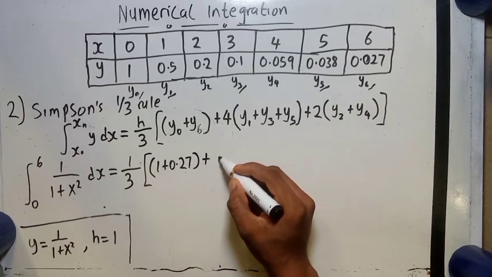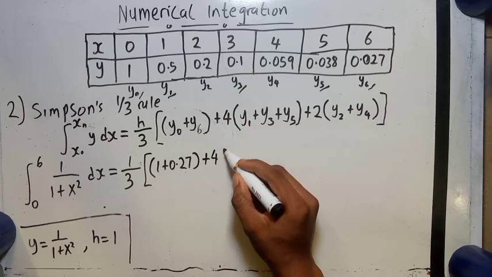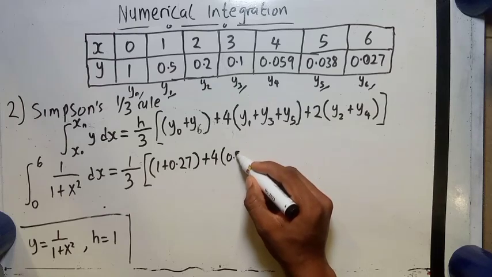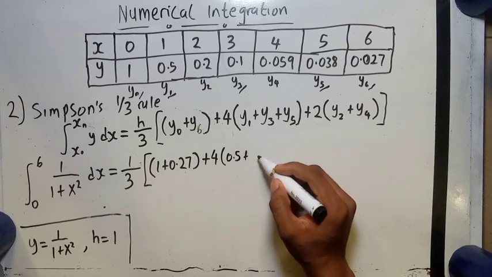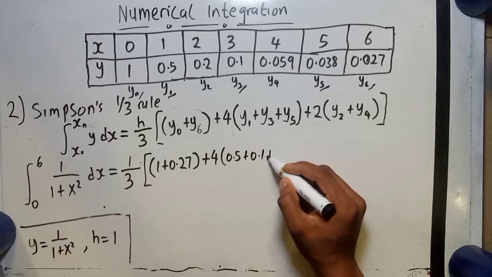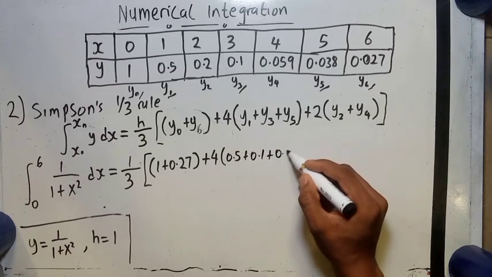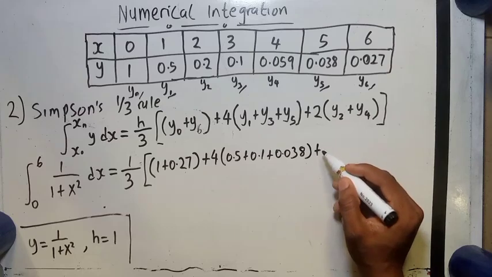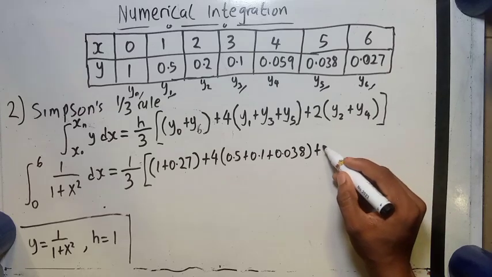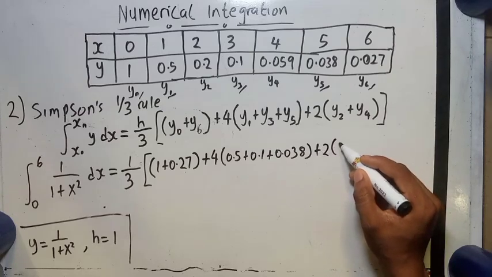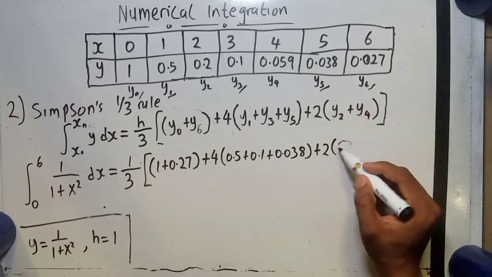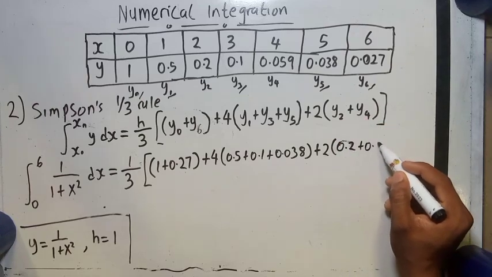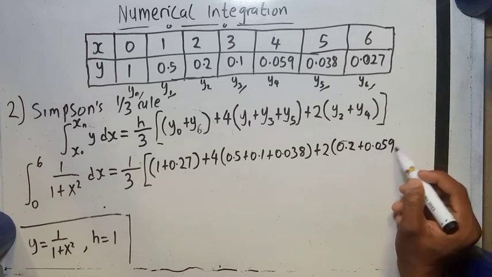Add this up to 4 times your y1, being 0.5, plus 0.1, plus 0.038, plus 2 times y2, which is 0.2, and 0.059.